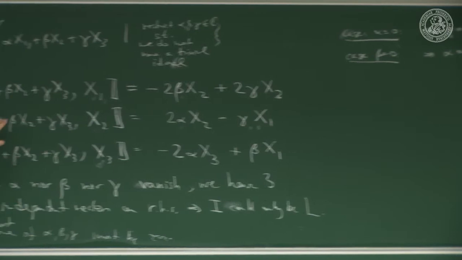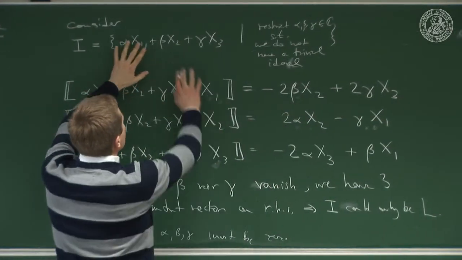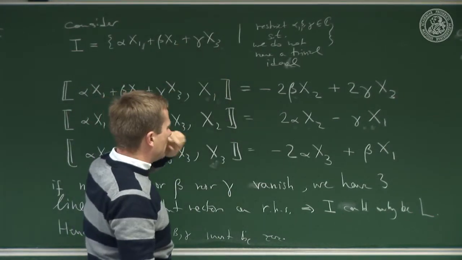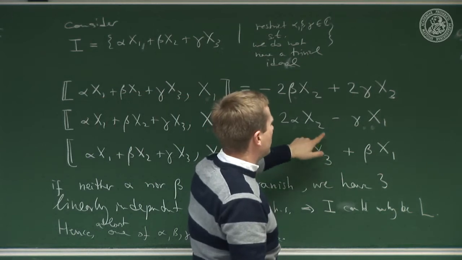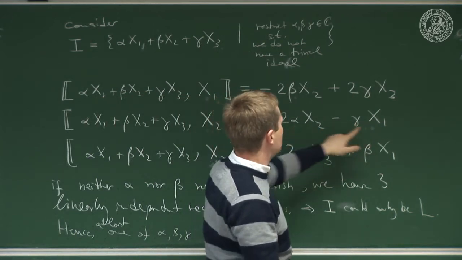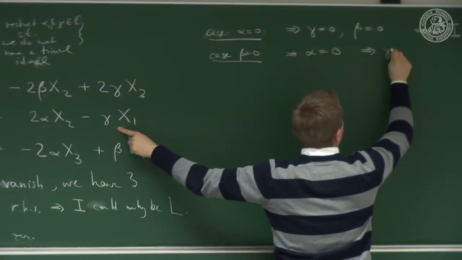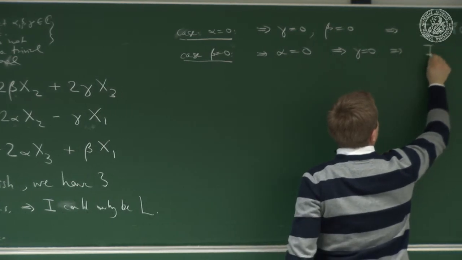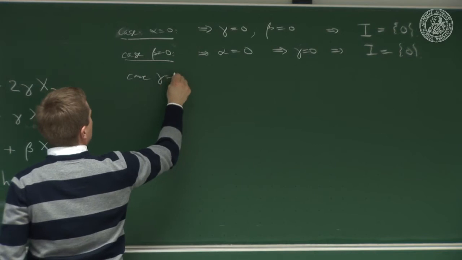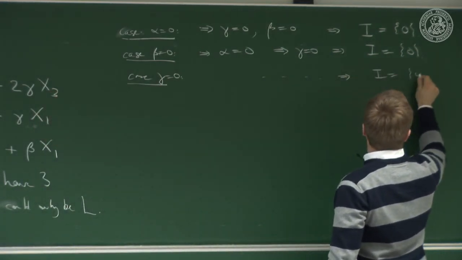We have to now take seriously that we have beta equals 0, alpha equals 0. That means the whole result must lie in the x3 plane. Well, in order to lie in x3, for instance, here this gamma is in the way because that gives you a contribution in the x1 direction. So in the next step, it follows that gamma equals 0. However, with the same result, I is trivial. And the last case, well, that's too boring to go through. It's exactly the same thing. I is again trivial.